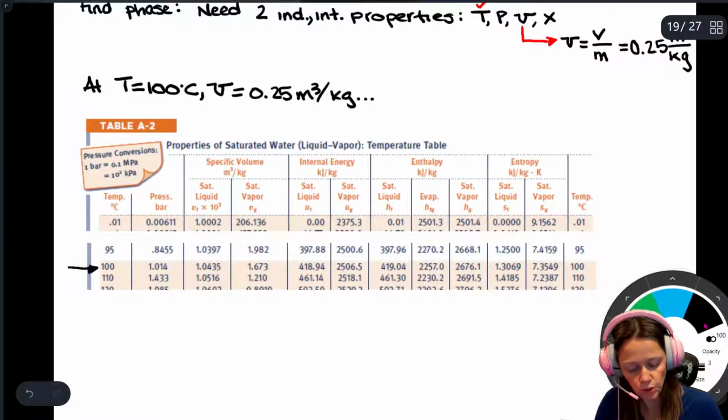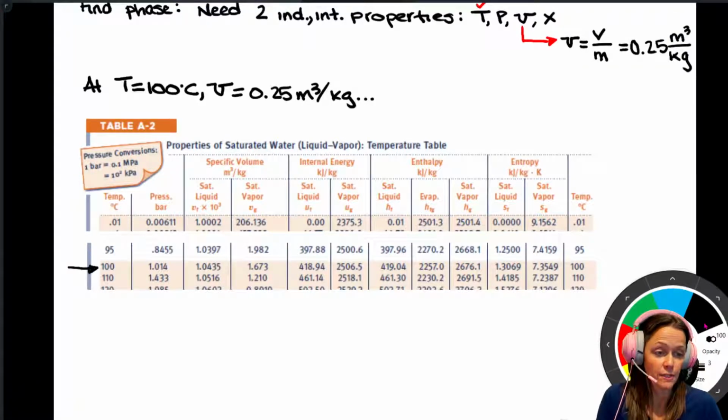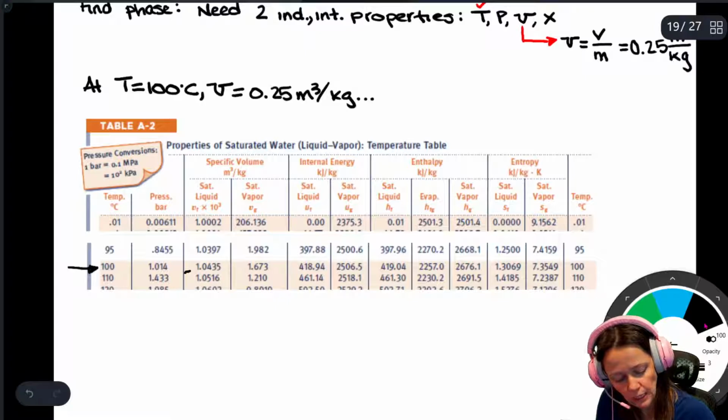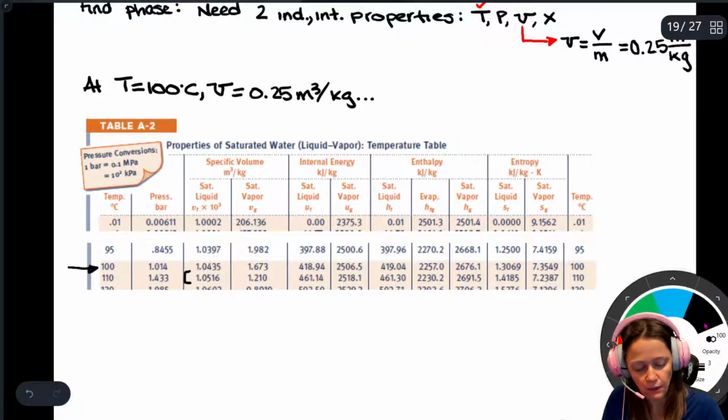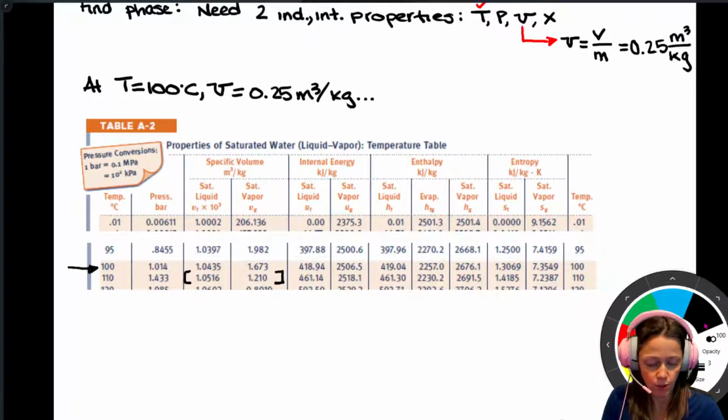So at 100 degrees Celsius, if it's going to be saturated, then I know that my specific volume has to be between the V sub F and the V sub G value. So between 0.00105516 and 1.210 meters cubed per kilogram. And I can see that I'm in between there.